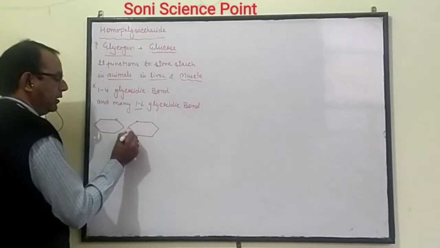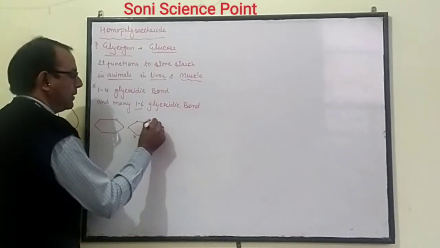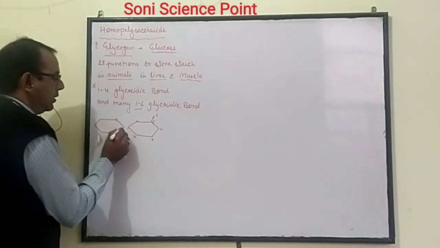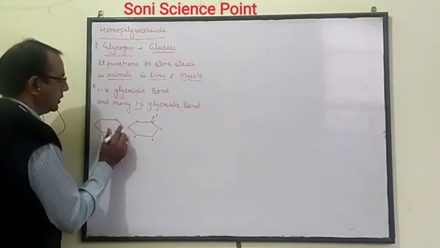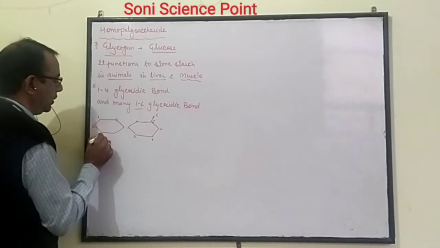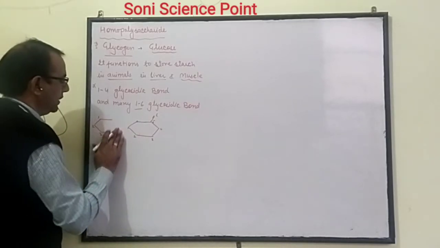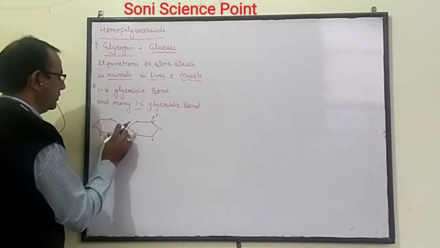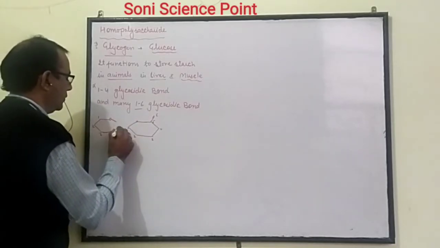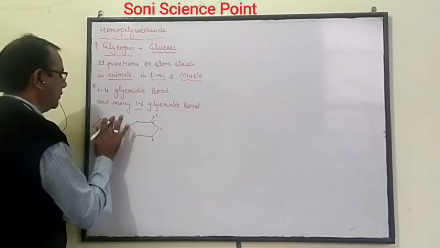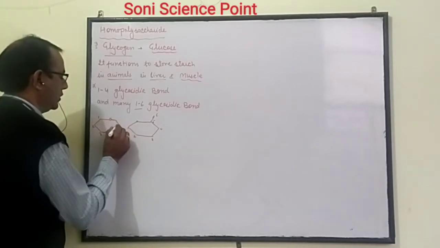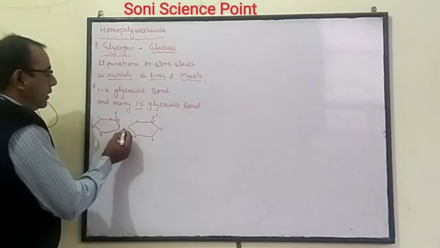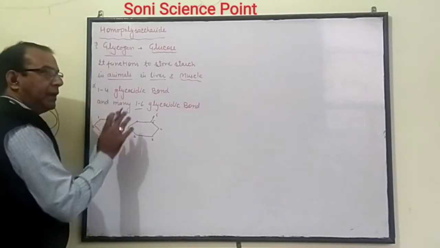This is carbon number 1, 2, 3, 4, 5, and 6 remains here, and this may contain carbon number 1, 2, 3, 4, and if the structure remains as such, with this one 4 and 5, 6 remain here. Listen, the glycosidic bond 1,4, beta and alpha.